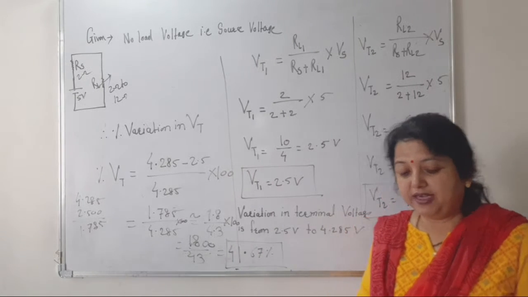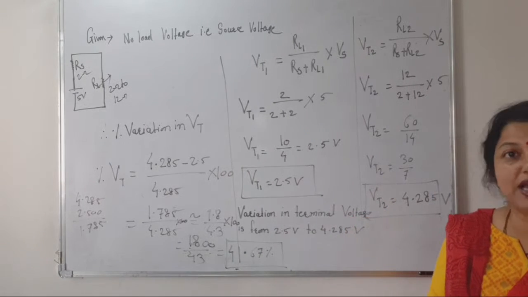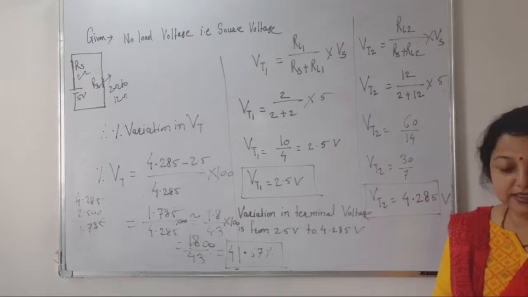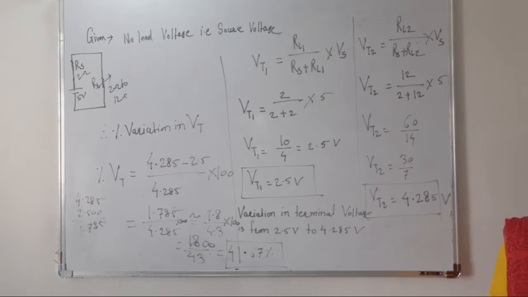Yes, I am repeating that question. A DC source has no load voltage of 3 volt and internal resistance of 2 ohm.